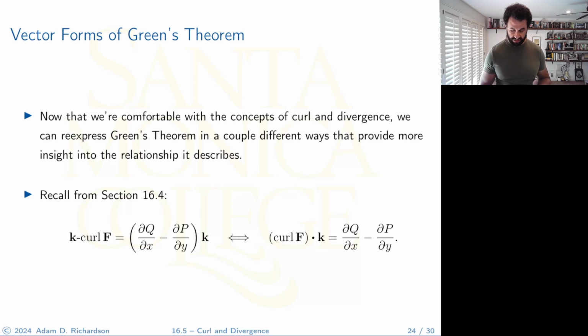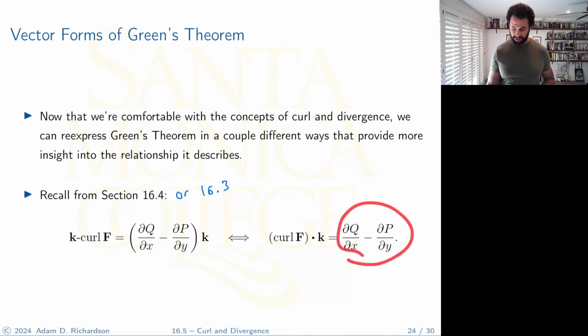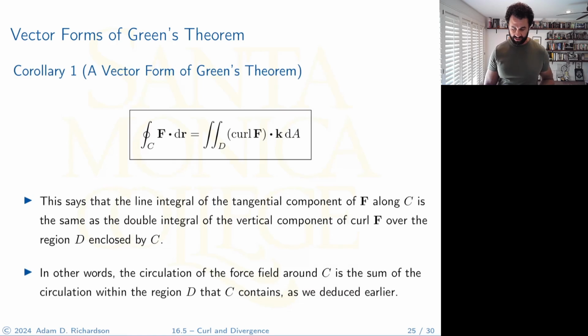So if you remember from section 16.3, what I called the k curl of your vector field is just the k component of the curl vector, right? So you take the curl vector and you dot it with the k basis vector, and you get this, right? So this was the expression that occurred in Green's theorem, and we looked at how it was related to curl in the previous sections. So because of that, we can express it directly as this.